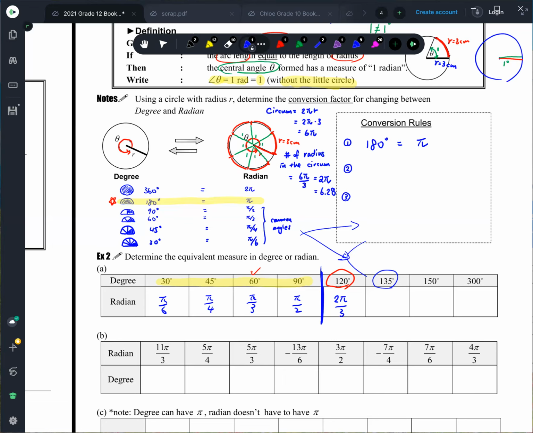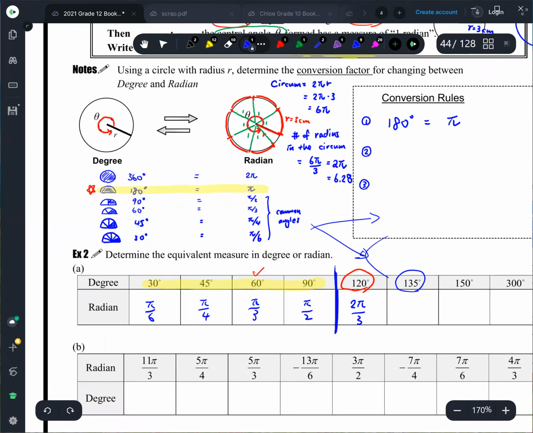Just think about multiple. 135 is the multiple of which one? So 90 times 1.5. Say that again. 90 degrees times 1.5. No decimals. Is there an exact multiple? Oh, so 45 times 3. Yes, very good. Okay, that's faster, right?